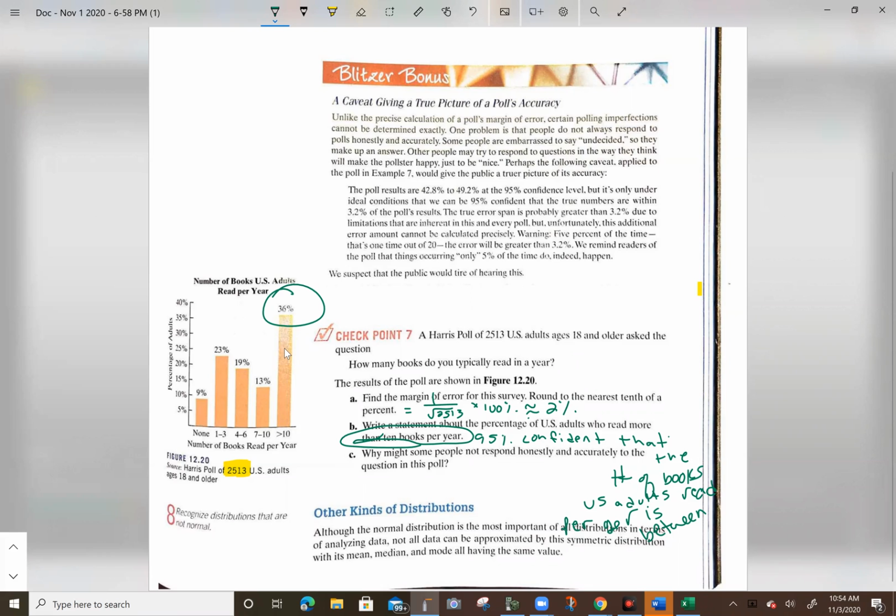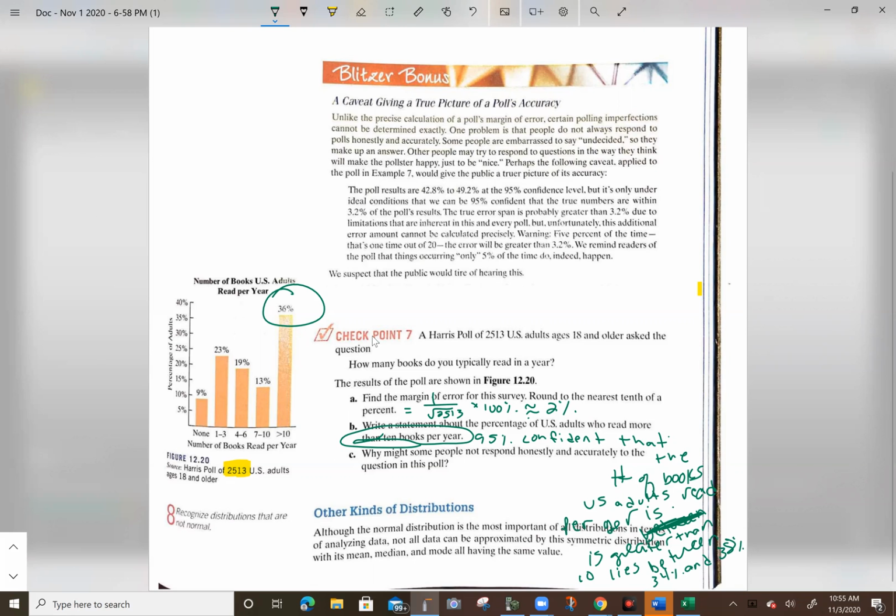So we are 95% confident that the number of books US adults read per year that is greater than 10 lies between 34% and 38%.